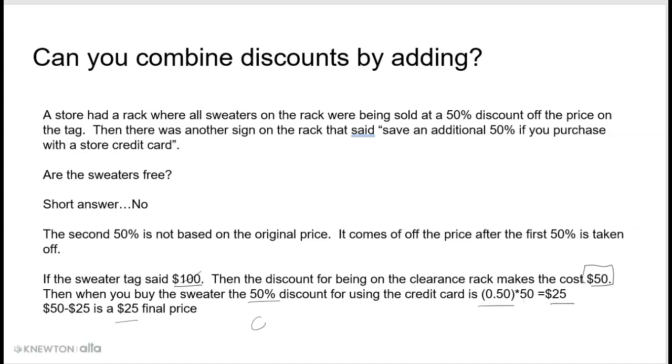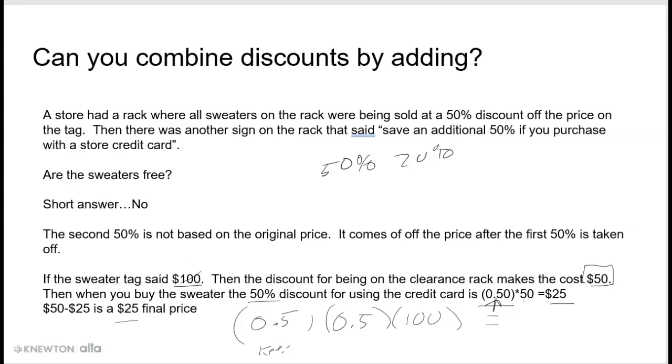The other way you can look at it is you multiplied the original times 50% once, you multiplied the original times 50% twice, and this is your new price. So this is the amount you keep, 50%. 50 is a bad example for this. If it had been 50 and then 20% off for using the credit card, you would have made this a 20% here, so the price would have been more.